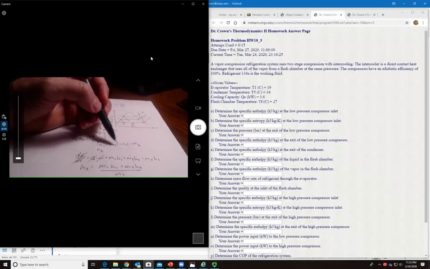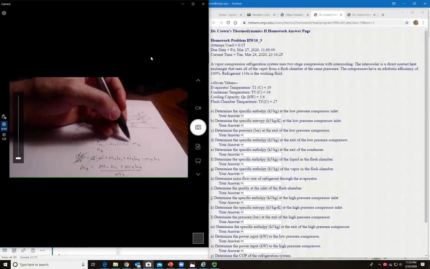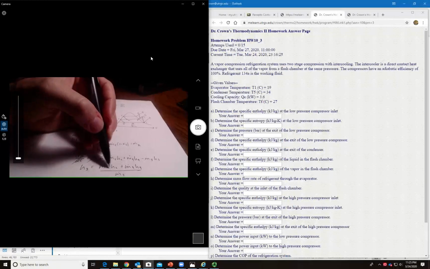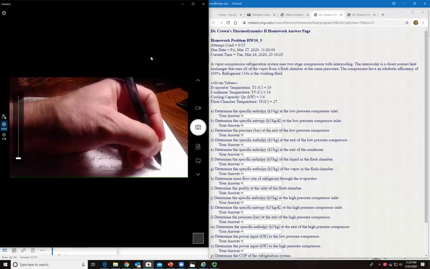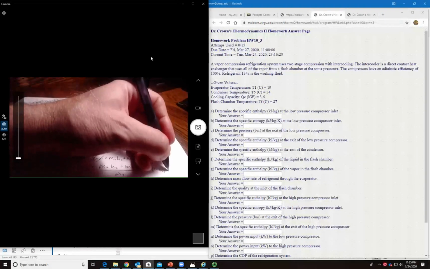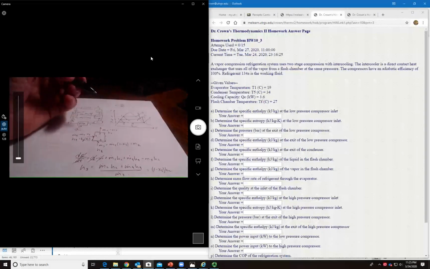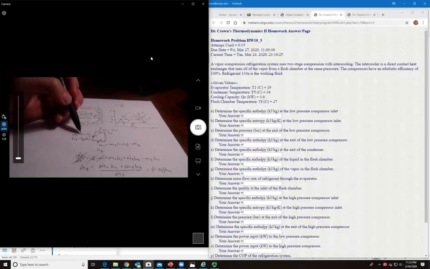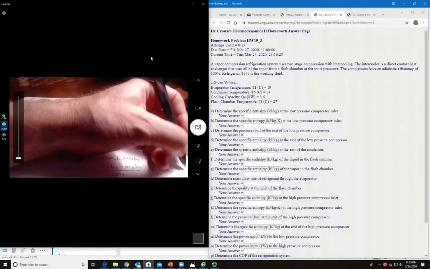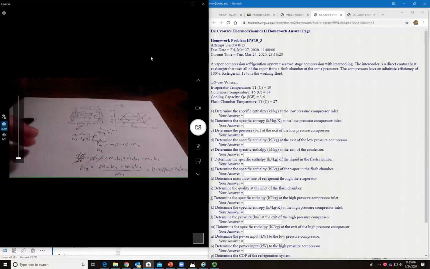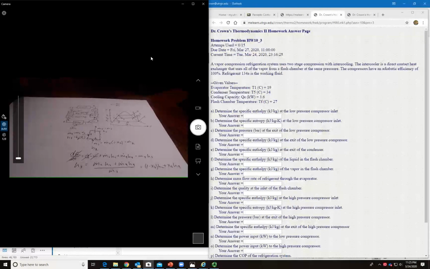So if I divide this whole thing by m dot total, I get this divided by that equals 1 minus x6. So this is 1 minus x6 times H2, and then m dot 9 over m dot 3. M dot 3 is the same as m dot total, so that equals this divided by this. If I divide both sides by m dot total, I get x6 is equal to that, so plus x6 H9 equals H3. So that's how I find H3.